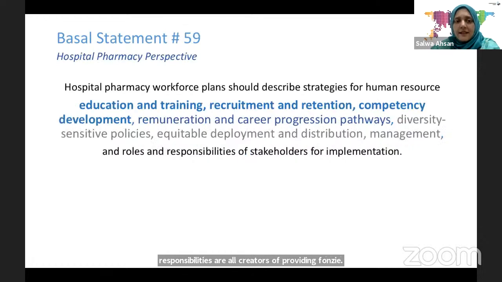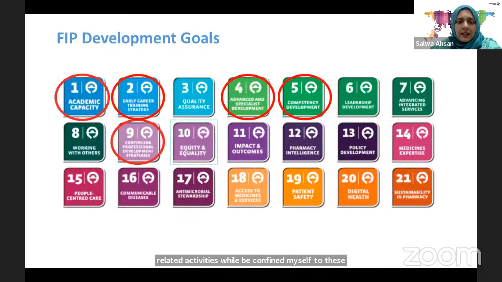The next is number 59. That also talks about how hospital pharmacy workforce plans should describe strategies for human resource education and training, recruitment, retention, competency development, and so on. So the scope of my presentation is only the capacity building, training, education, and continuing education related activities, so I'll be confining myself to these points.